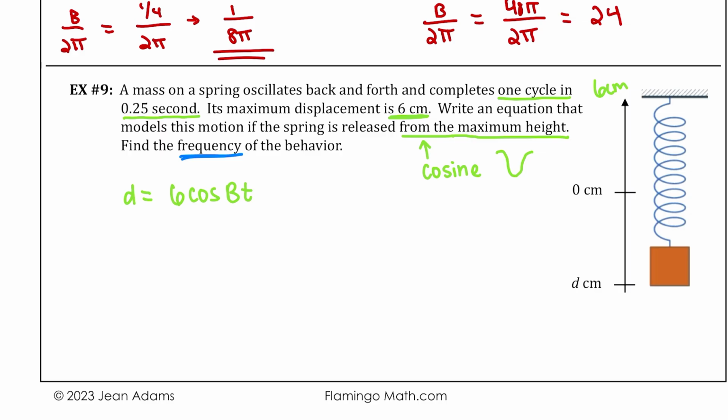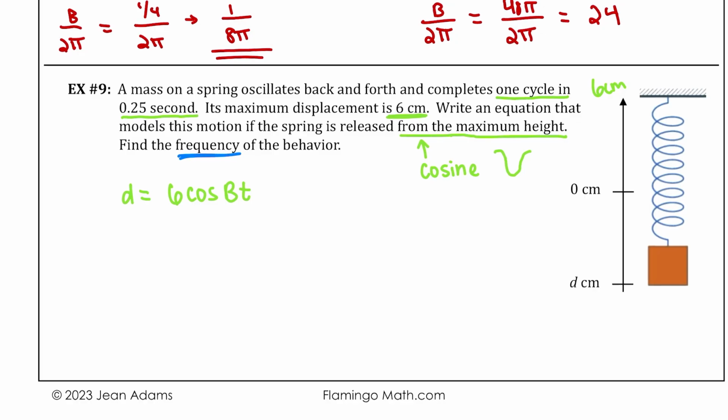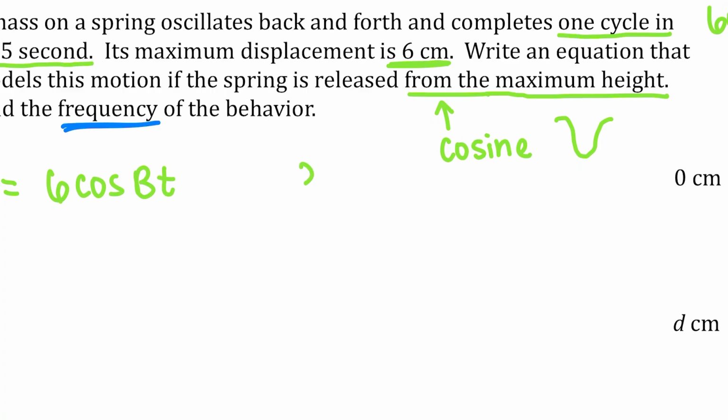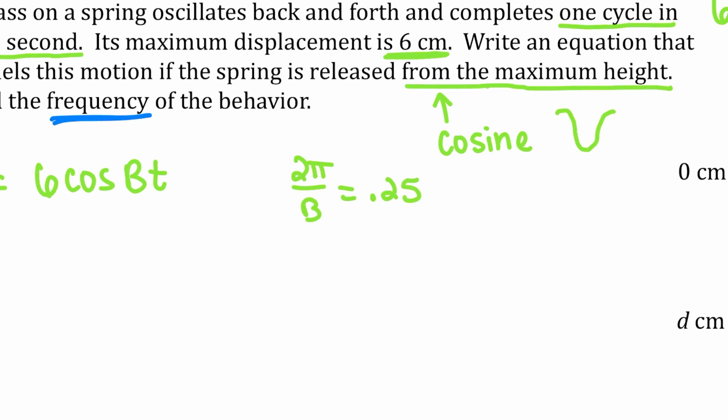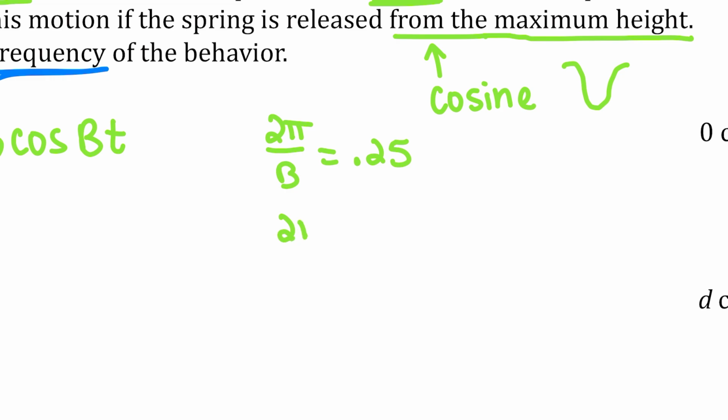But we are given our period. It says it completes a cycle in 0.25 seconds. So 2 pi over B is equal to 0.25. So we're going to have to solve for B here. If you change this into a fraction again, this would assume that we're not having a calculator here.